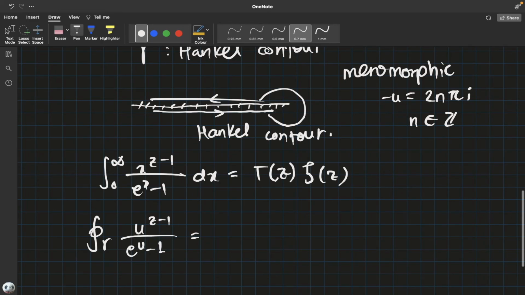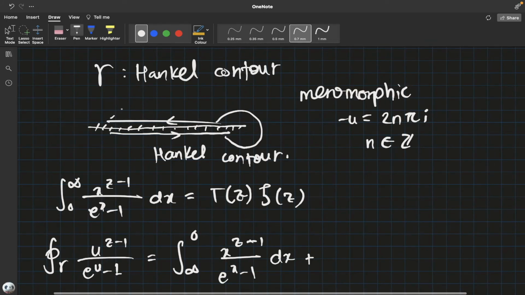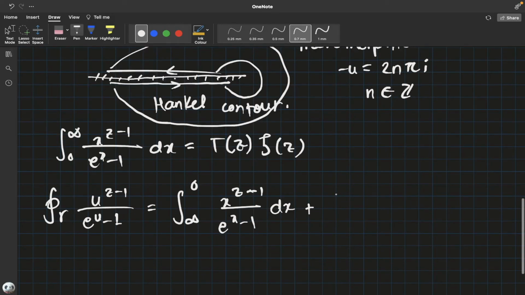The top part is going from infinity to 0, and the variable will be real if we parameterize on the top segment, dx, plus the bottom segment. I'm just taking everything else to be 0: the outer closure, the small closure, all of that. I'm going to ignore the steps for now. They're easy to show. You can show them on your own.